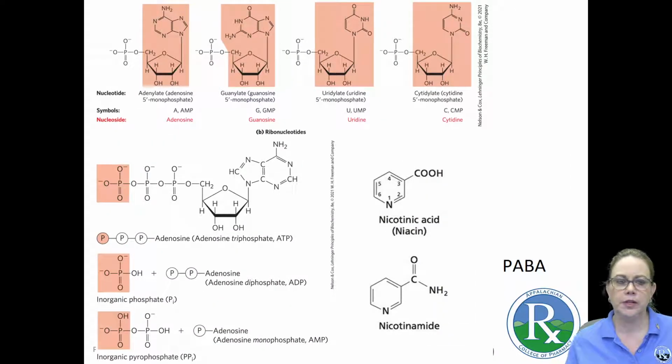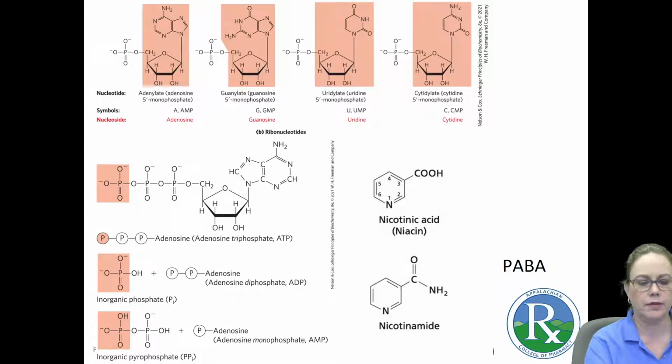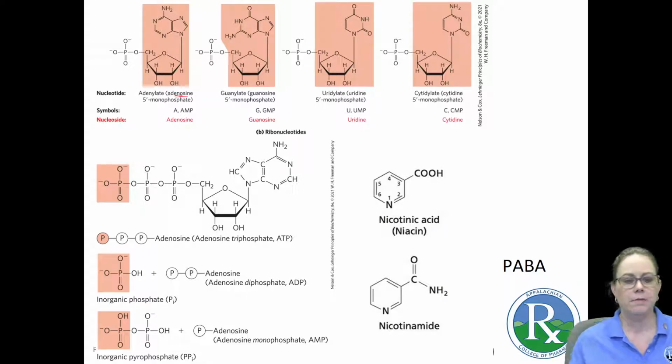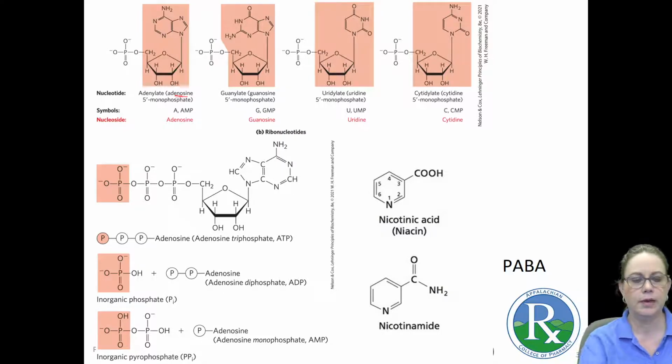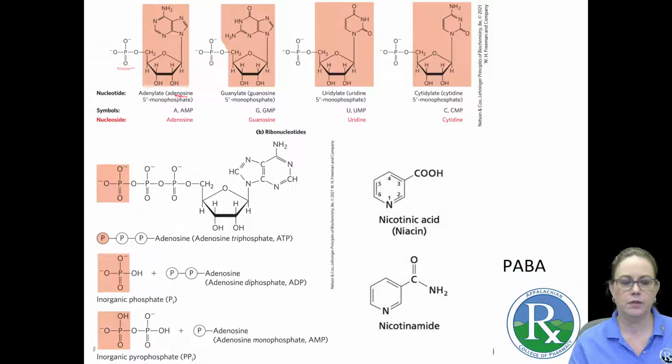Looking more closely at our nucleic acid components, we'll be largely looking at things that contain adenosine in them. And for these structures, we'll be looking at the adenosine bound to the ribose 5-membered ring, and we'll be looking at various substitutions with respect to the phosphate groups coming off of it.